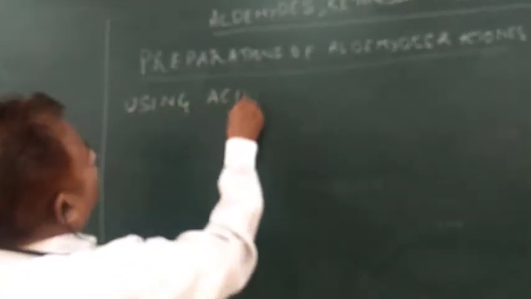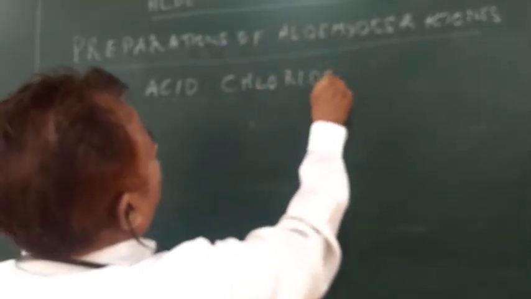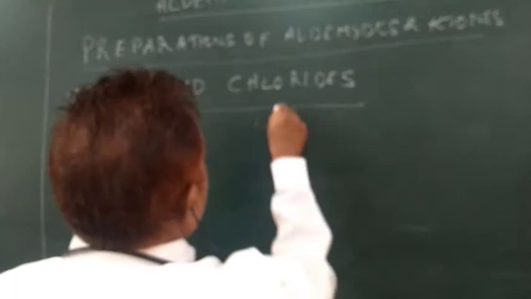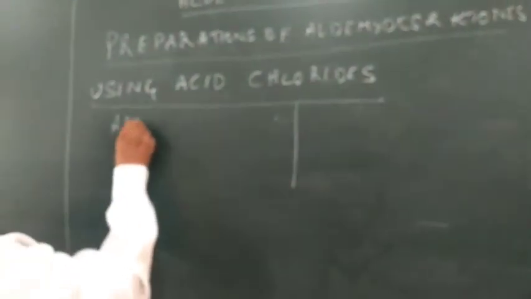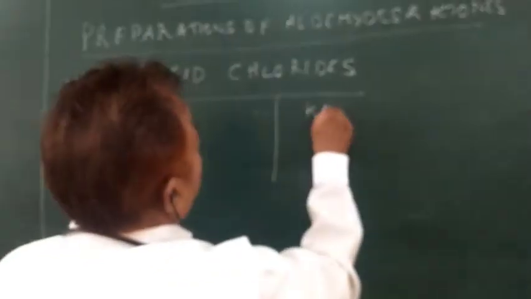Now let us list out all the methods by using acid chlorides. Here, aldehydes and ketones.